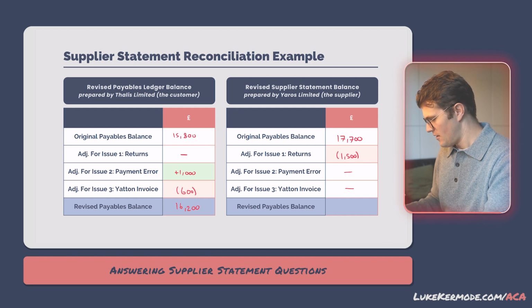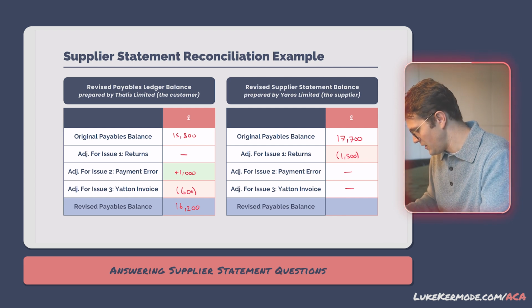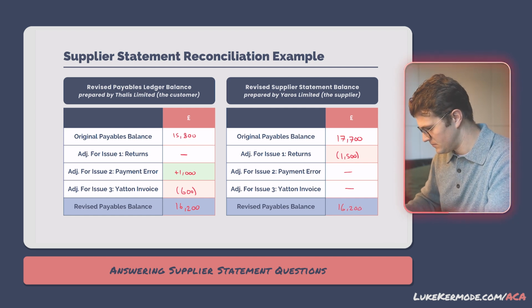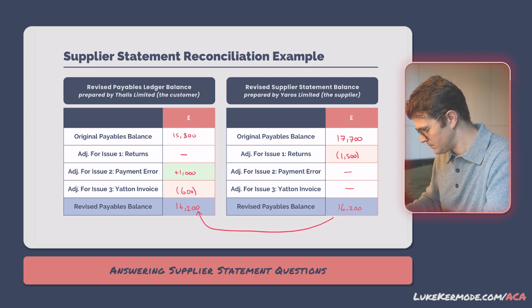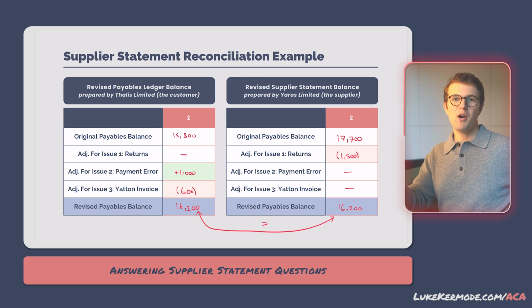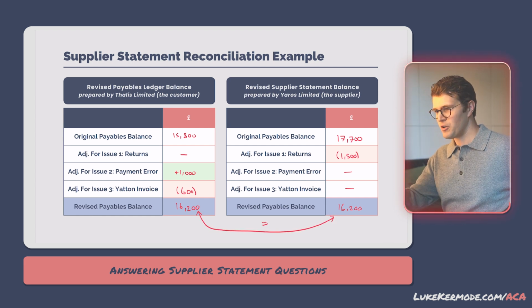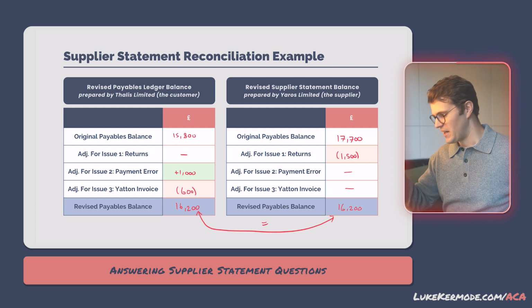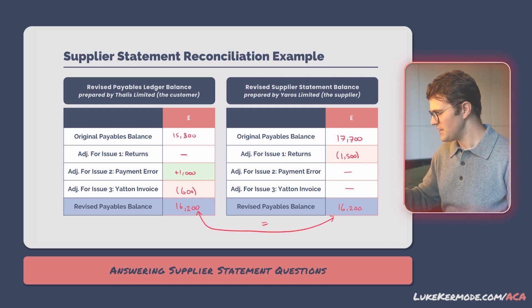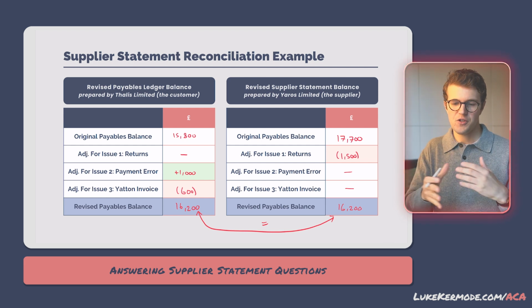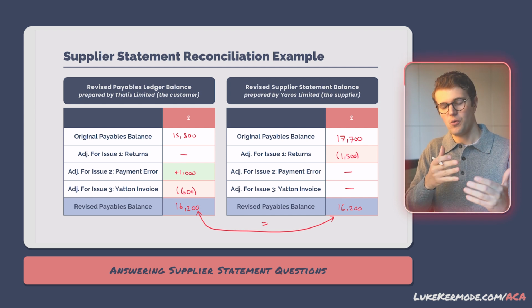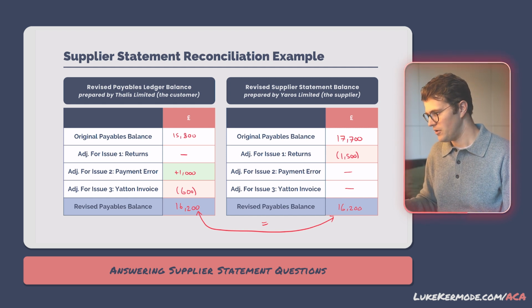So that brings us to a revised payables balance as per the supplier statement of £16,200 as well. So both records now agree, so therefore our reconciliation is complete, ensuring that both the internal and external records reflect the same amount owed to the supplier.